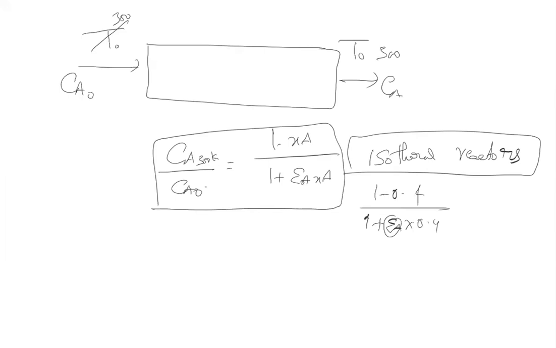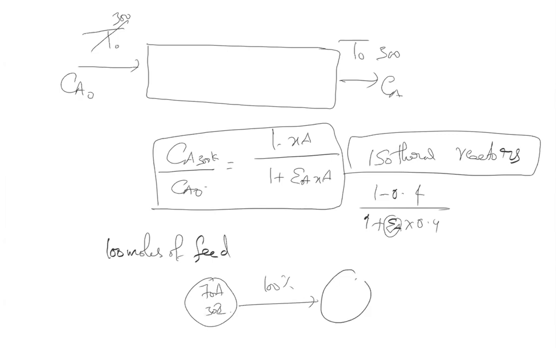If you take 100 moles of feed, it contains 70 A and 30 inerts. If A is converted 100%, the products formed are 70 B and 70 C, plus 30 inerts. So epsilon A is (170 minus 100) divided by 100, which is 0.7.